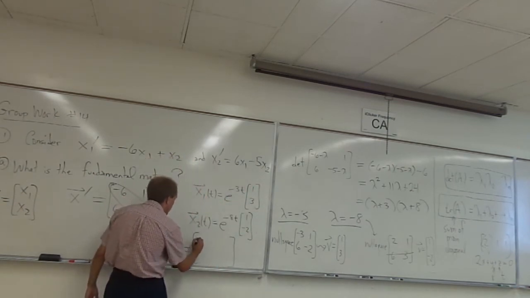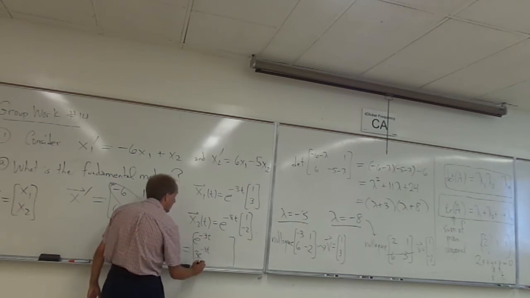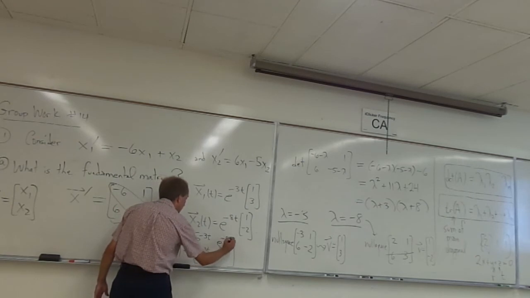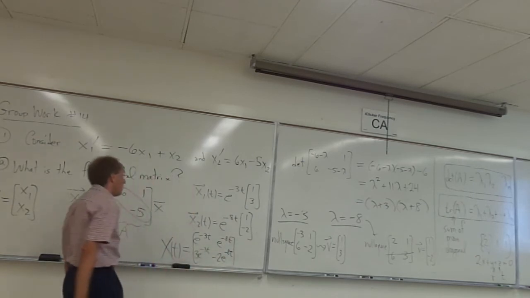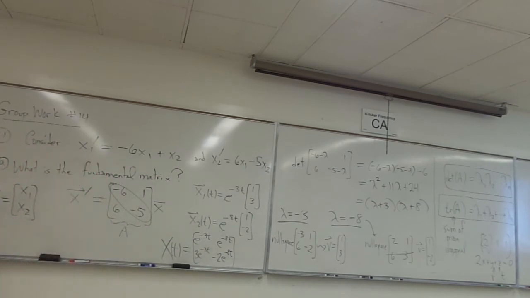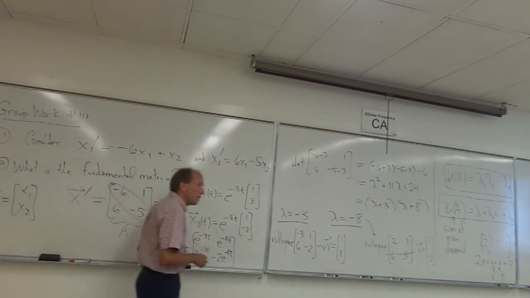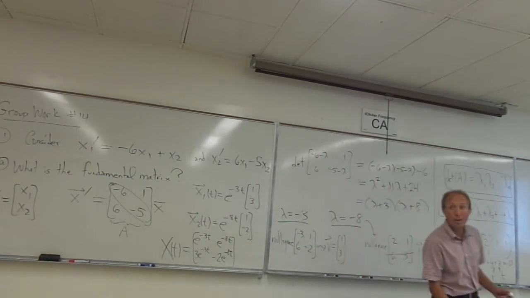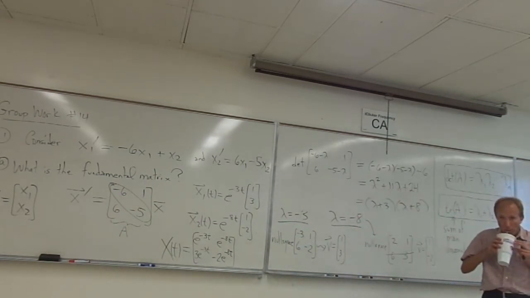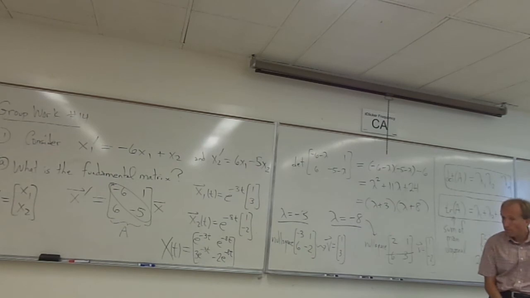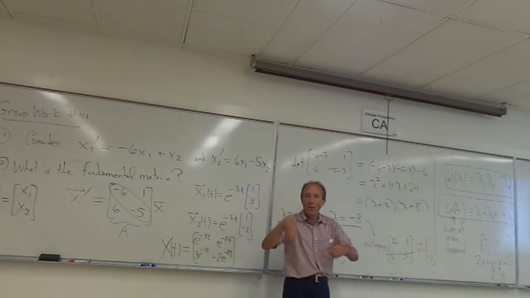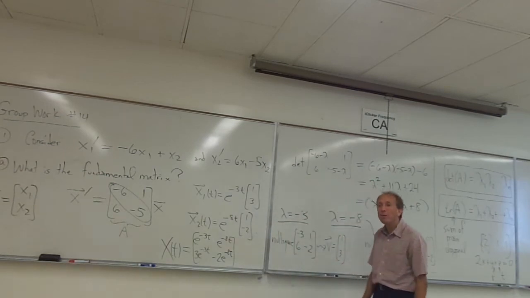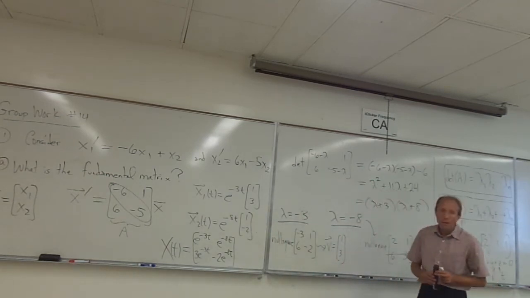So this is going to be e to the -3t, and then 3 e to the -3t. The second column is e to the -8t, and -2 e to the -8t. There's your fundamental matrix. So if I ask you for the fundamental matrix, that's what I'm looking for. Whenever we see the X without the vector thing on top of it, that's the fundamental matrix? Yes, it's capital X. That's the notation we're using. Everybody good so far?